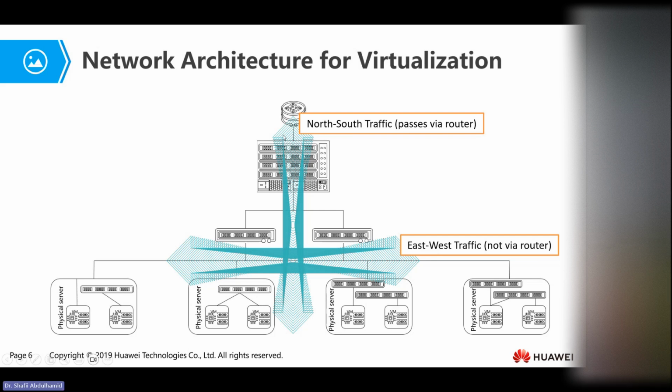So the fact that we always have to pass through the router before the traffic is connected to or received from the outside network makes it a north-south traffic. It always has to pass through the router.